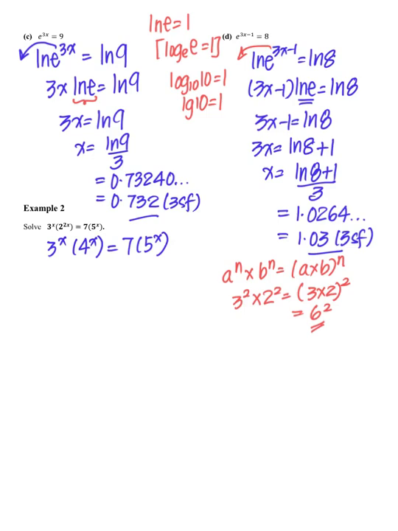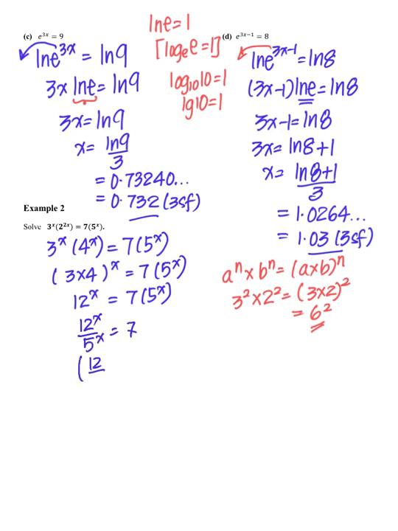So in this case, you can put the common power x here. So this is 3 times 4 to the power x, equal to 7 times 5 to the power x. So I have 12 to the power x equals 7 times 5 to the power x. Then 12 to the power x over 5 to the power x is equal to 7.